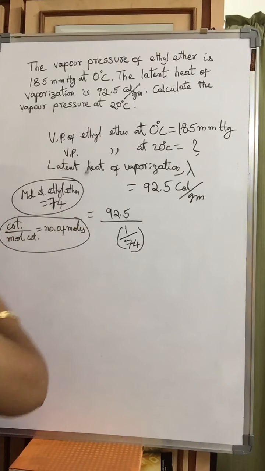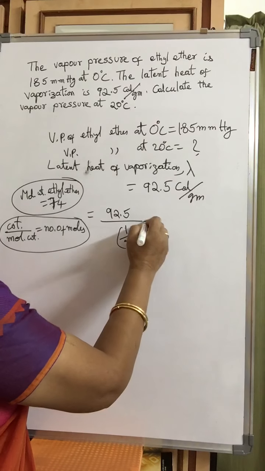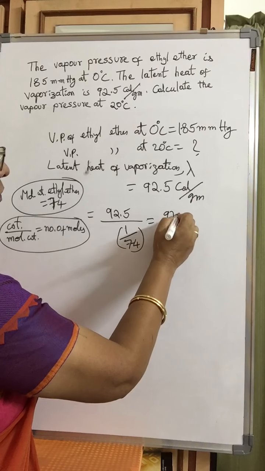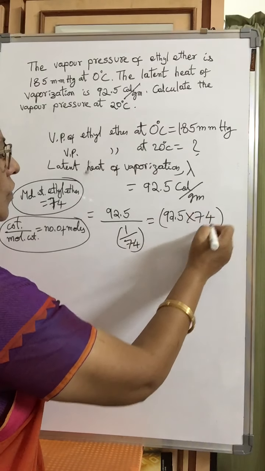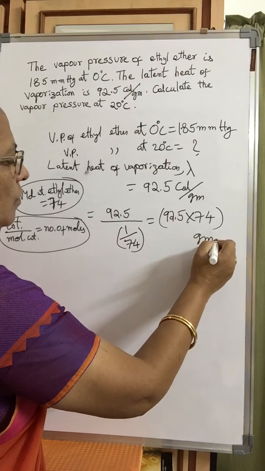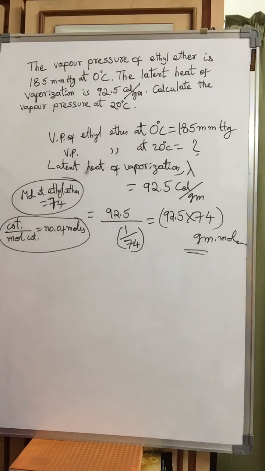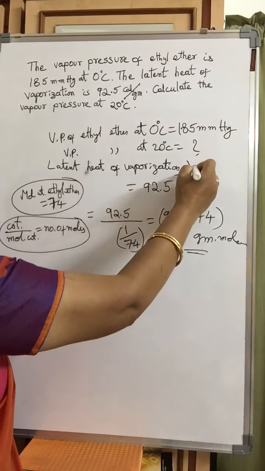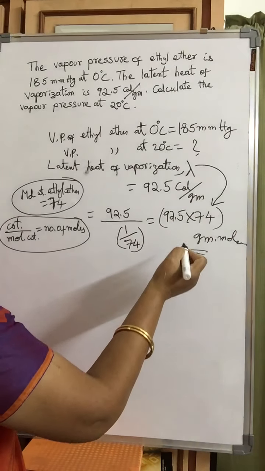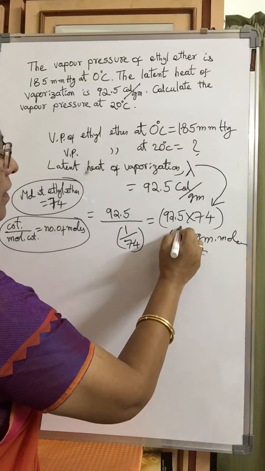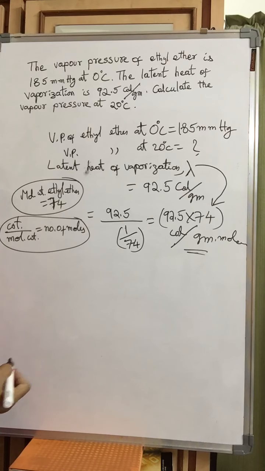So this becomes 92.5 into 74, so much of gram moles. Okay, so we got lambda value in calories per gram mole.